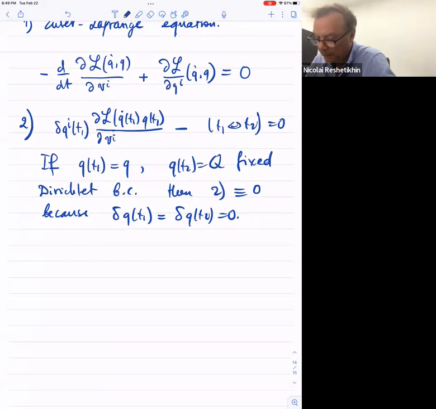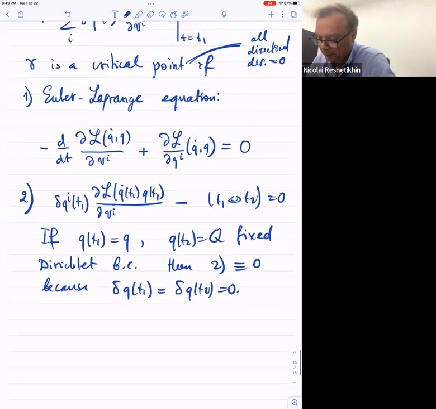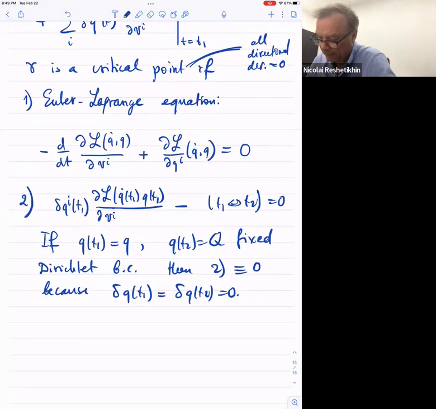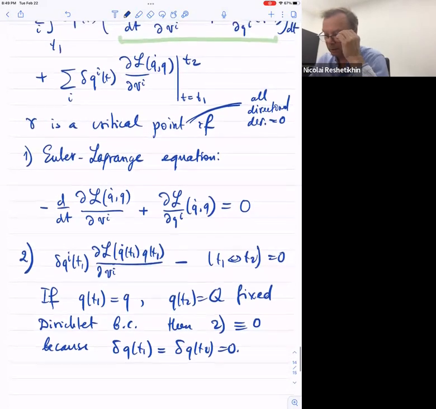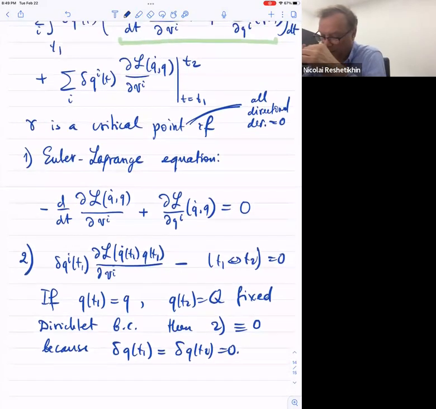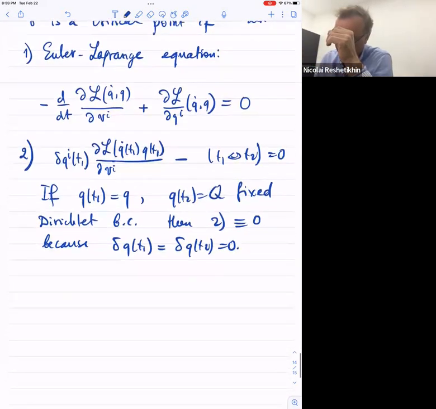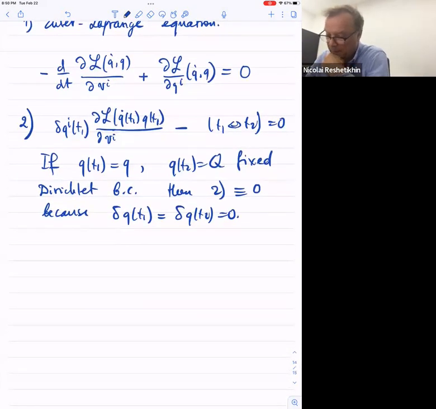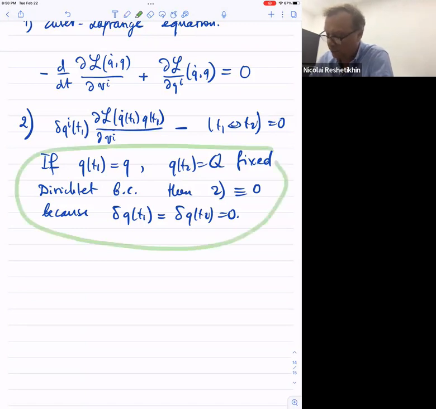Okay, so this is the basic idea of Lagrangian mechanics. But you see, I just gave an example of boundary conditions when the boundary terms are vanishing.